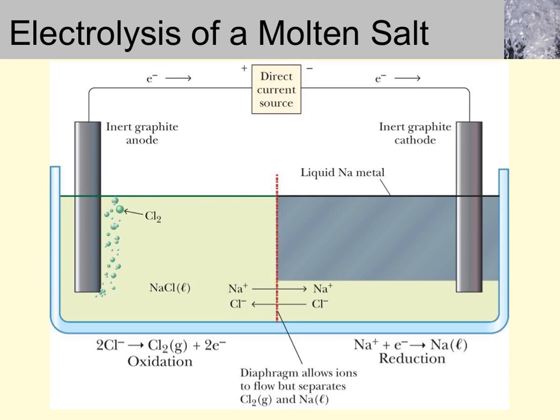Here's a diagram of a molten sodium chloride electrolytic cell. Again, instead of a voltmeter, you actually have a battery or source of electricity here. It is pulling electrons from the anode, and then pushing electrons to the cathode.